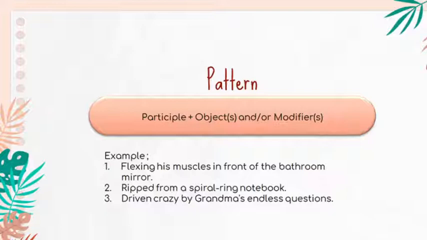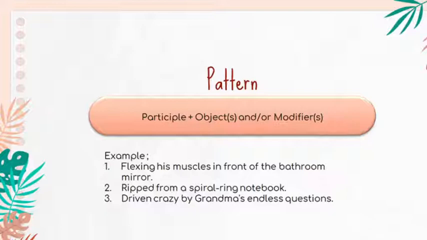For example, flexing his muscles in front of the bathroom mirror. So flexing is participle and his muscles in front of the bathroom mirror is the modifiers. And then ripped from a spiral ring notebook.